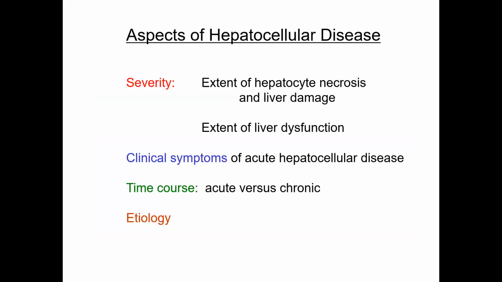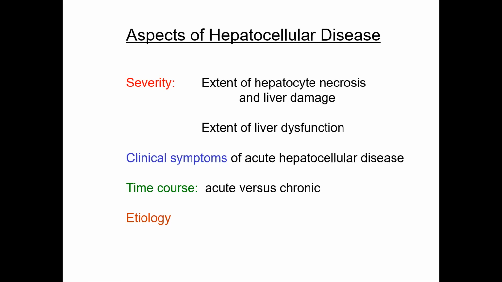Your hepatocellular disease can also be measured in terms of severity, and the severity of damage or injury to the liver cells will depend on the extent of necrosis and damage to the number of hepatocytes. And of course, the extent of liver dysfunction will depend on the amount of functional hepatocytes that have been affected by these hepatocellular diseases.